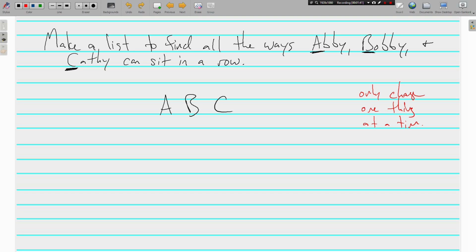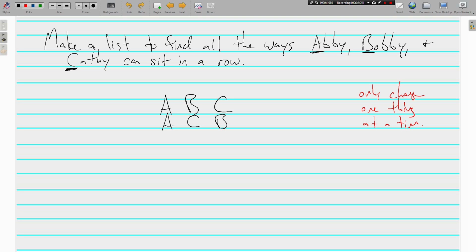I'm going to leave Abby where she is, sitting first in the row, and I'm going to switch Kathy and Bobby. So what I have here, these are all the combinations that I can get with Abby sitting first. There's nothing else I can do except for ABC and ACB.